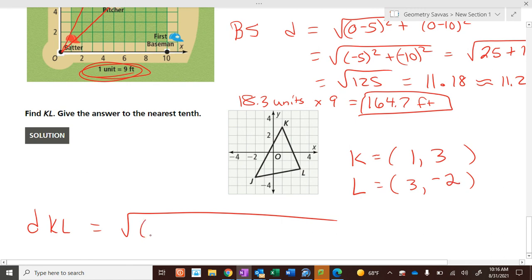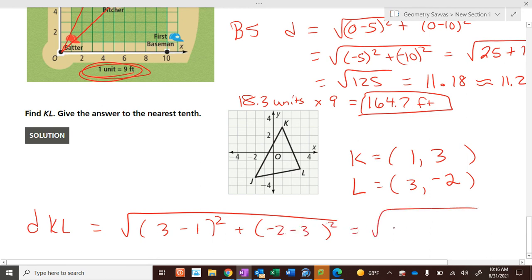All right, so we take the distance formula. How do we apply the distance formula to this? Jordan. 3 minus 1. So you take 3 minus 1 squared plus, and the second part, Jordan? Negative 2. Negative 2 minus 3 squared.